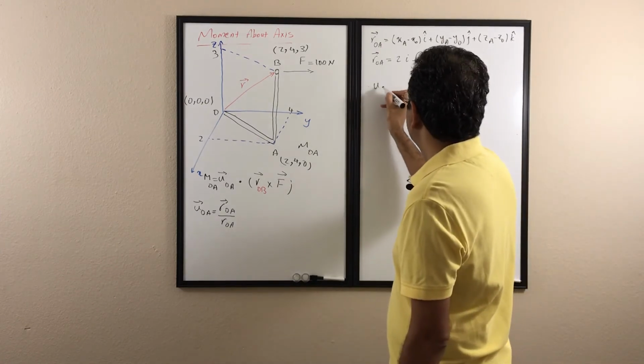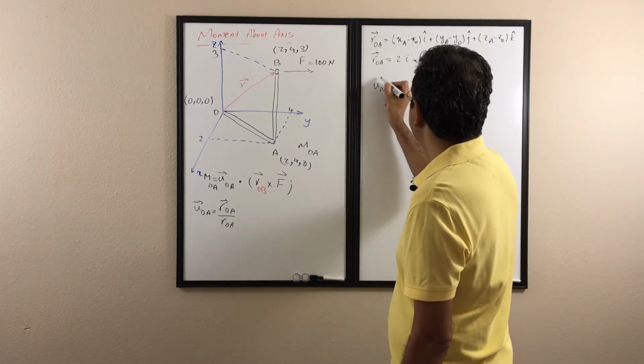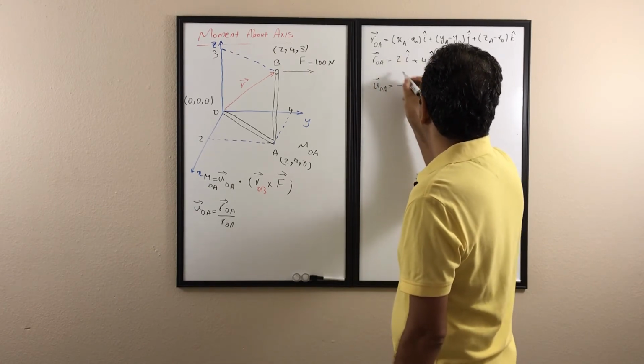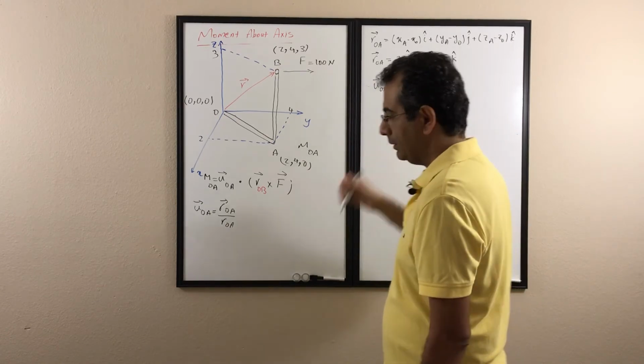Now the UOA is going to be the ROA divided by its magnitude.